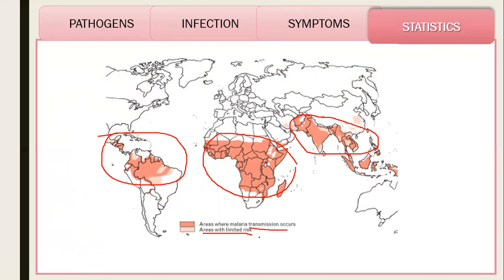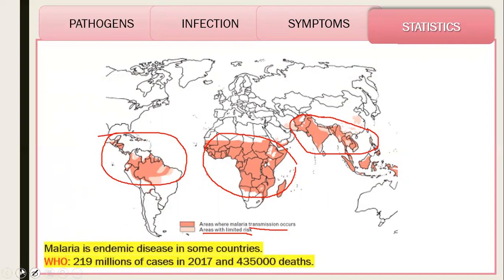So this statistic shows that malaria is an endemic disease. According to the World Health Organization, in 2017, the registered cases were nearly 220 million people who had this disease, and in 1 year, in 2017, 435,000 people died. It's a really very big number.